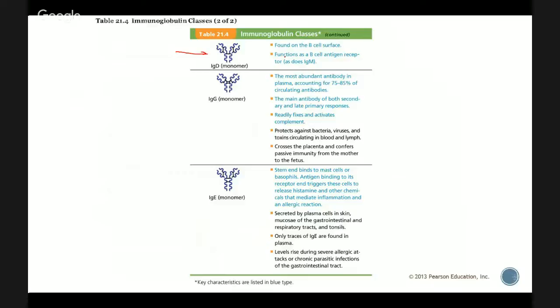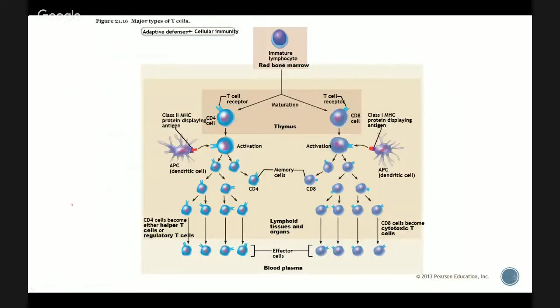IgD here is a B cell antigen receptor. IgG is the most common antibody. It's the main antibody of second and late primary responses. It's going to fix and activate complement. IgE, you're going to see, releases histamine, so this would be something like an allergic reaction, for example. So all the different types.